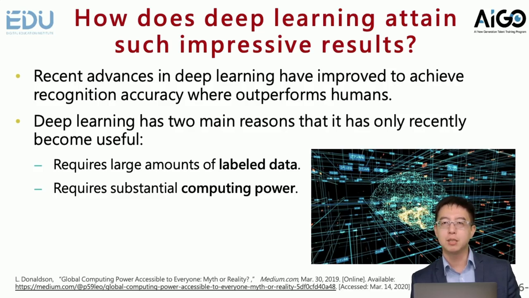Deep learning has 2 main reasons that it has only recently become useful. The first is that it requires a large amount of labeled data, and the second is that it requires substantial computing power. Before 2010, or maybe 2012, human semiconductor technology was still growing.